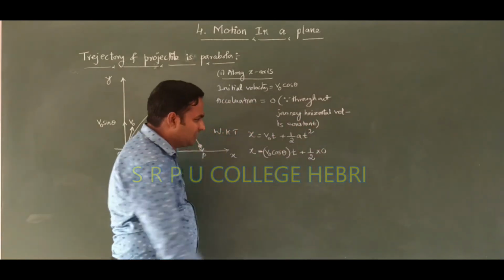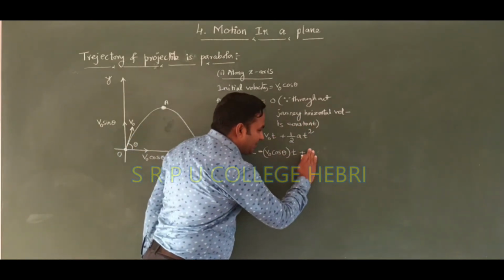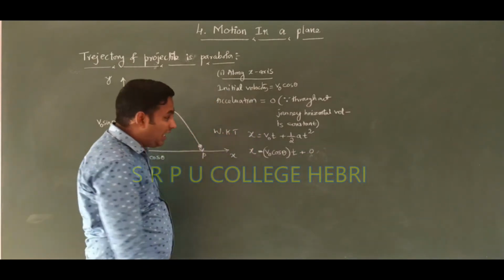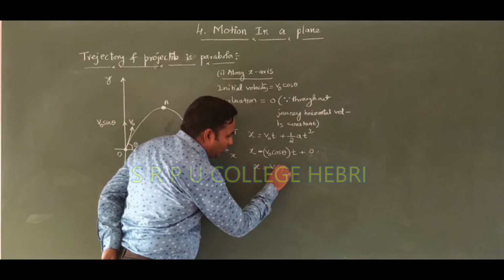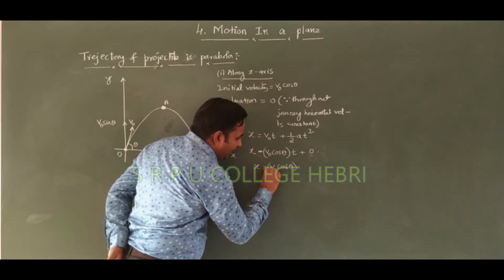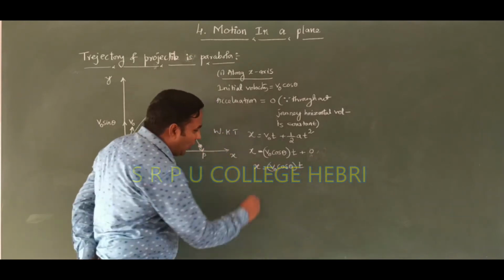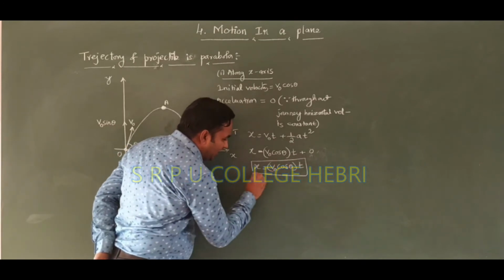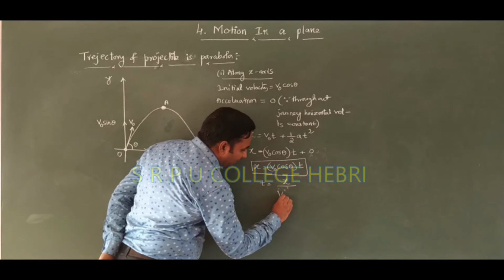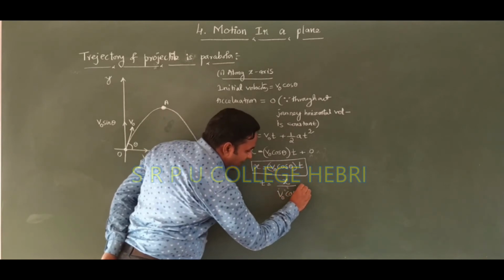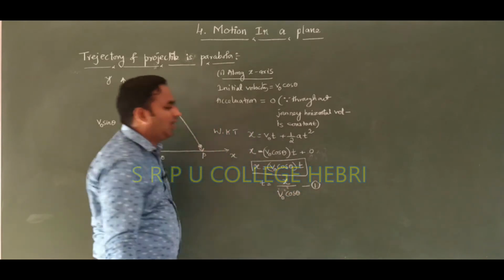This term becomes 0. After simplification, we got x is equal to v naught cos theta into t, or t is equal to x divided by v naught cos theta. I assume it as equation number 1.